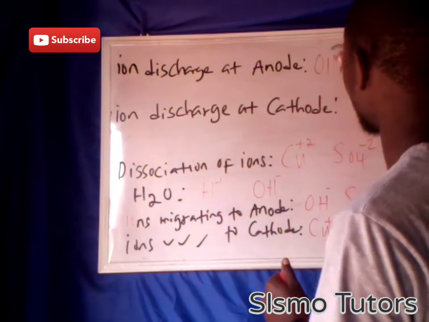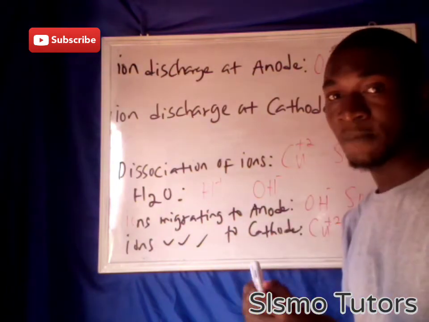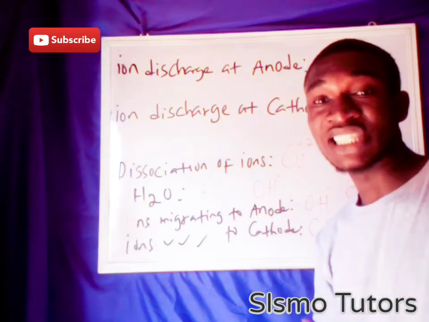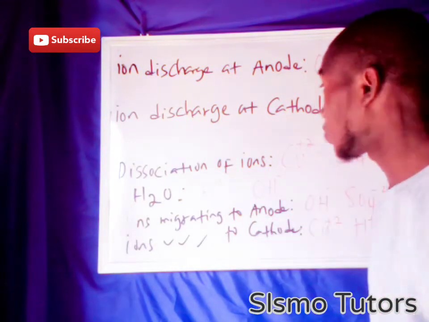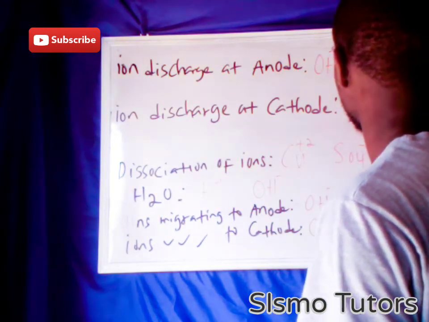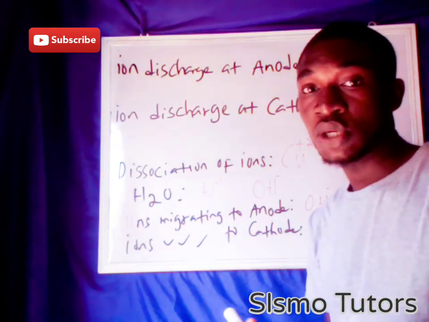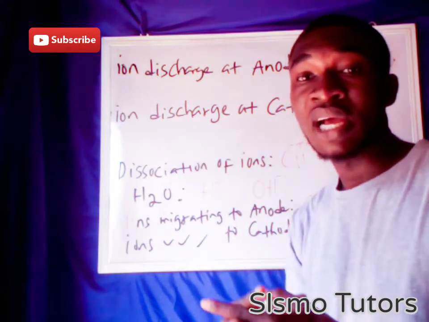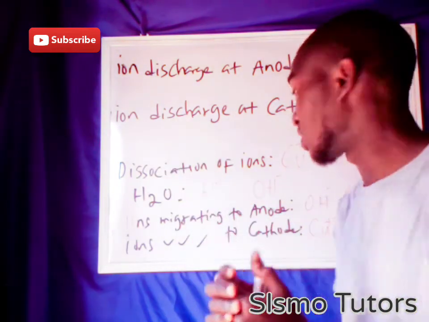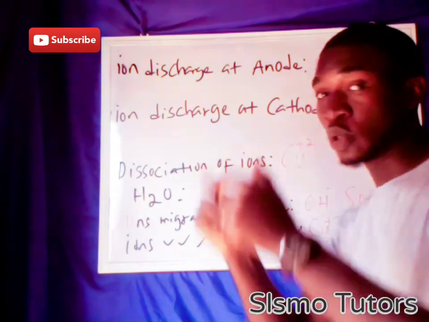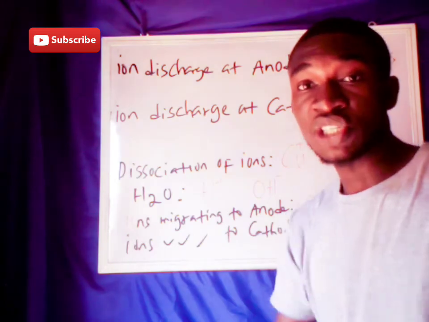Also, copper is below hydrogen in the electrochemical series. Hence, the copper ion will be discharged at the cathode. The reason behind this is that the positions of these ions are below others in the electrochemical series. Copper is below hydrogen, so it was discharged. Hydroxide ion is below the sulfate ion, so it was discharged. So this is just the principle.